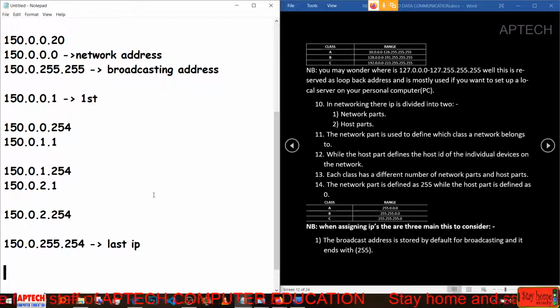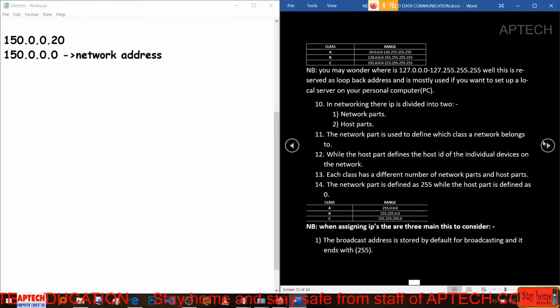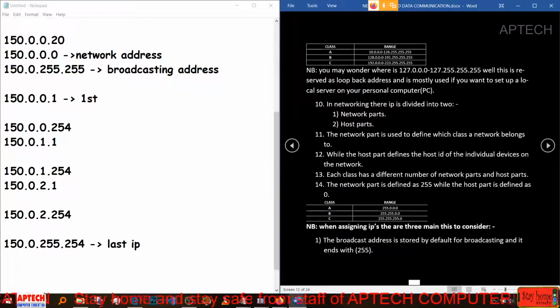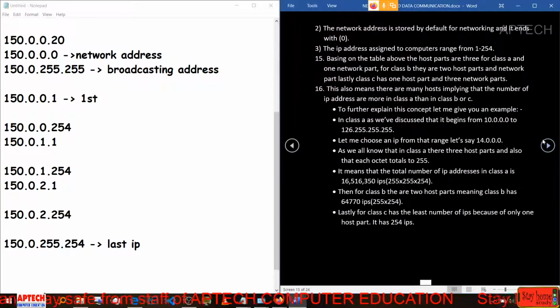Then most of the times you find that in some networks they'll tell you that our company is big and it requires this particular number of IPs, and you don't want them to connect to other IPs in a particular range.